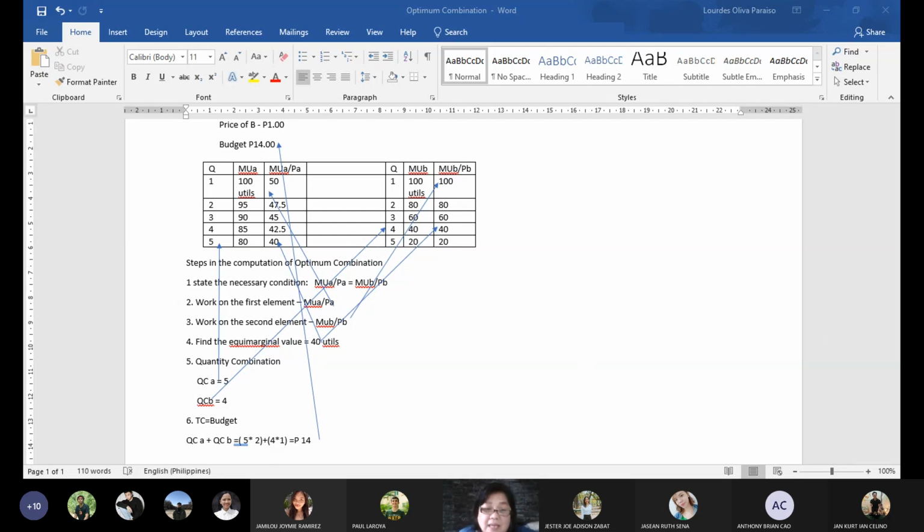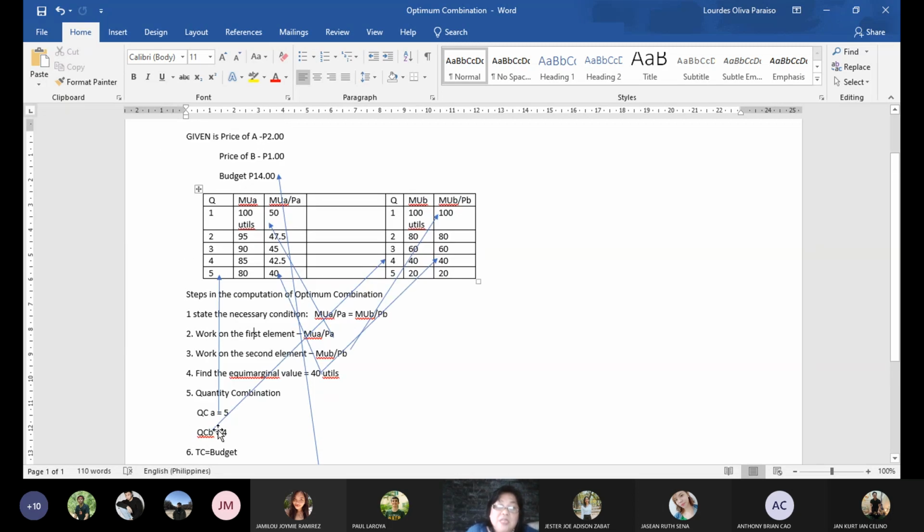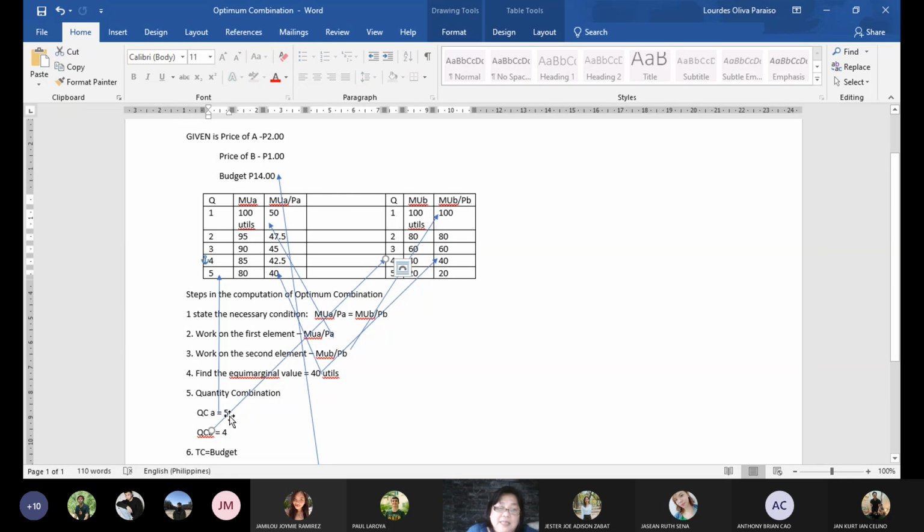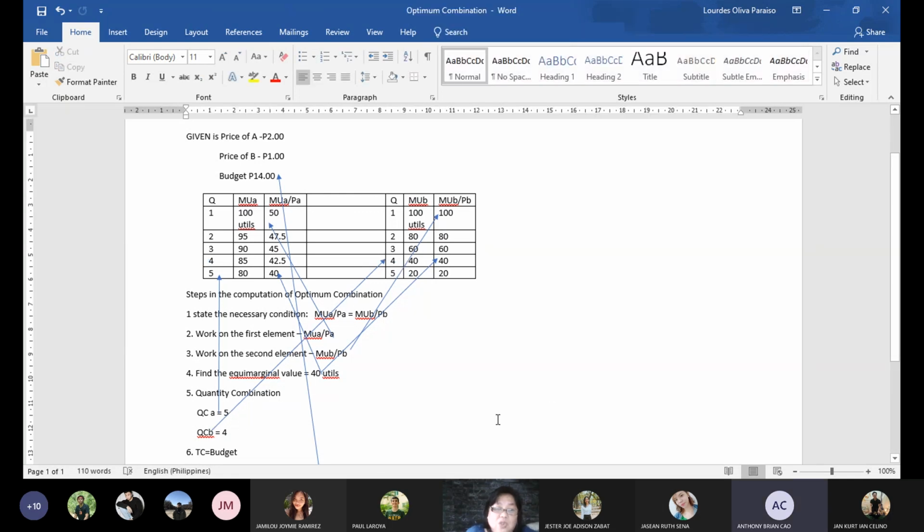Oh, you look at your table again. You look at your illustration. Ang tinatanong ko is, what is the cost? Look, if you have 5 here, and your quantity is 5, and the price is 2 pesos, naturally, if you multiply this by 2, then you are going to get 10 pesos, ma'am. Okay?